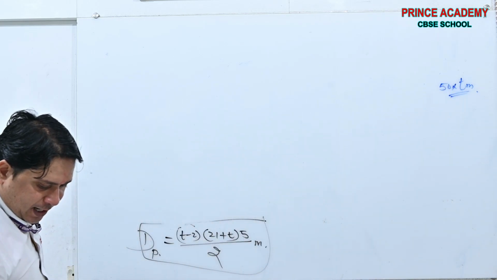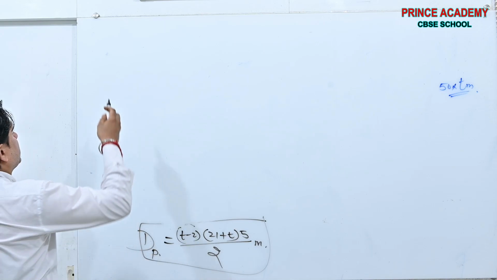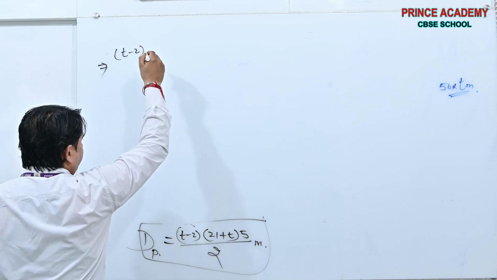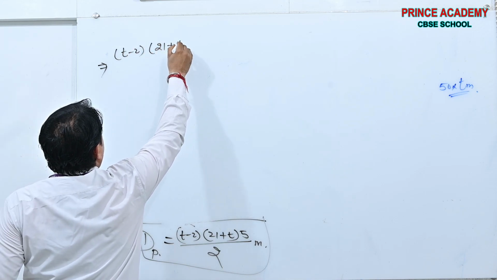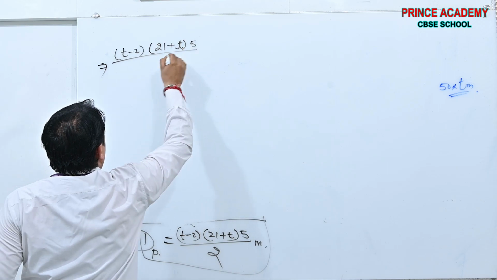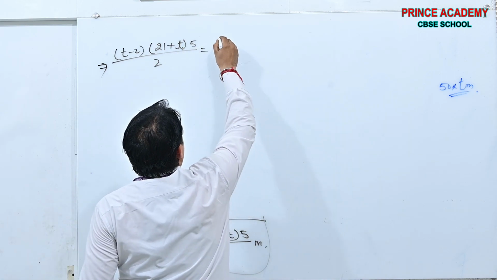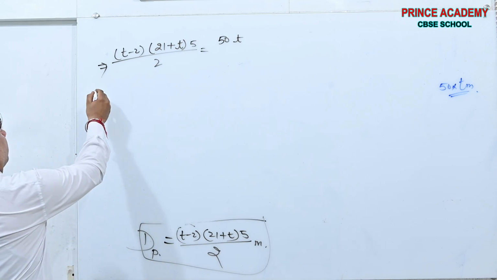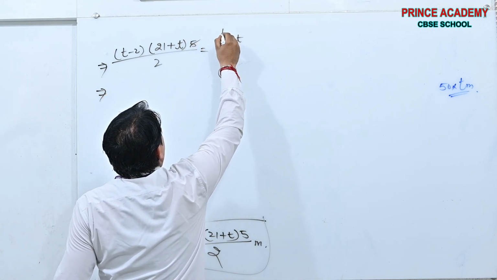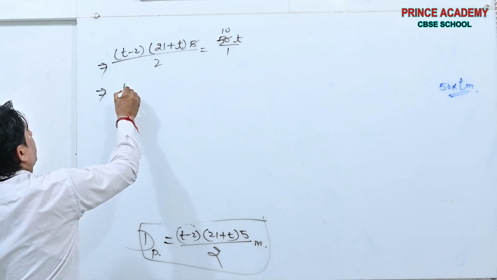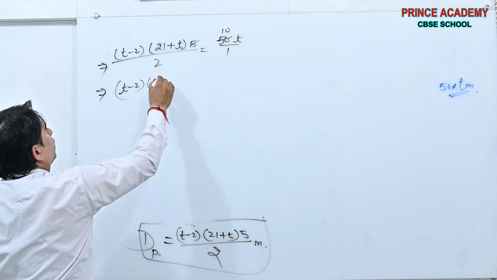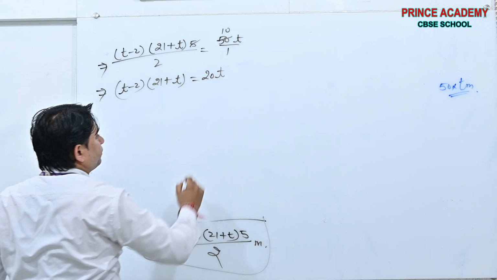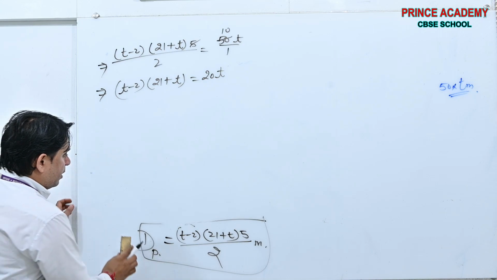The policeman's distance is T minus 2 into 21 plus T into 5 by 2, and the thief's distance is 50T. Okay, now see. 5 will cancel with this, 10. Now T minus 2 into 21 plus T. 2 into this, 20T. Okay, done beta?